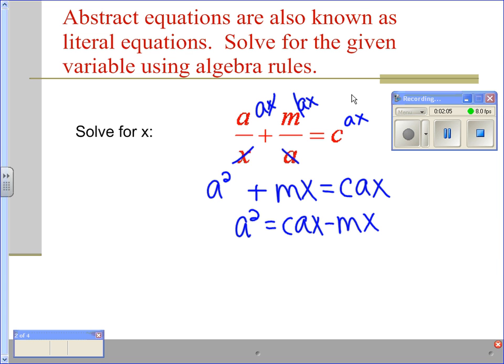It's just c times ax. C times ax over 1 is just c ax. There's nothing for it to keep. And then we're going to factor out the x.